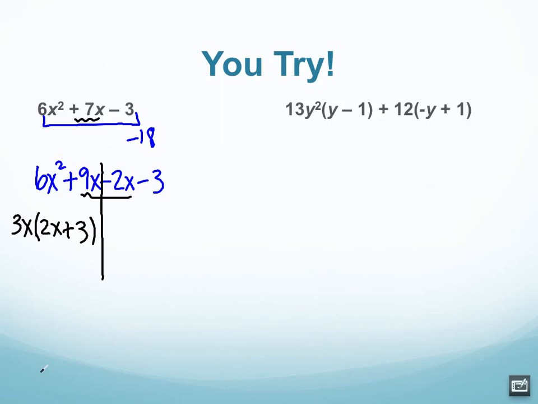Out of the right side, I'm going to factor out a negative 1. And I have 2x add 3. Do our check. Two sets of parentheses match, so I can move on. Final factored form becomes 2x add 3, and then 3x subtract 1.